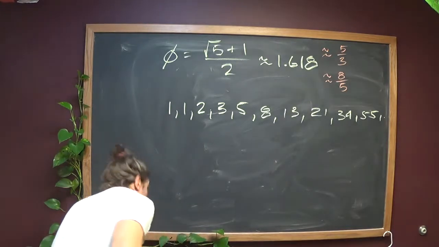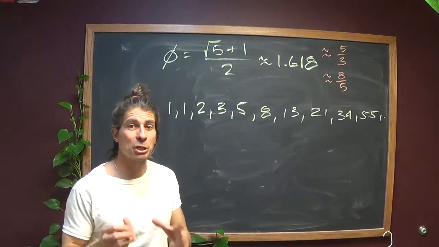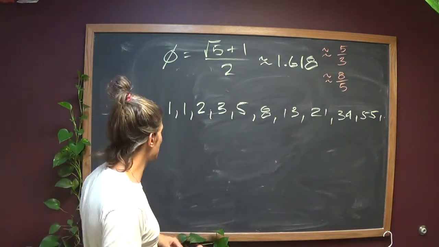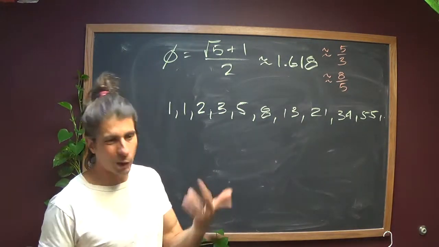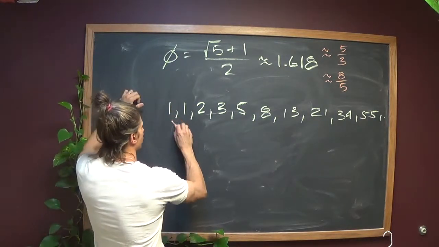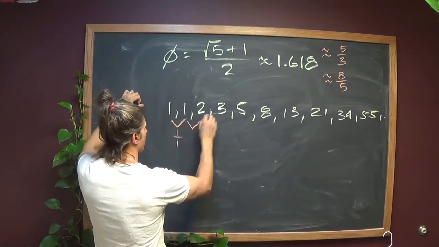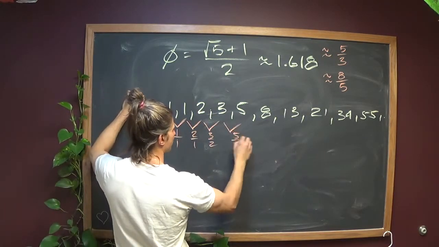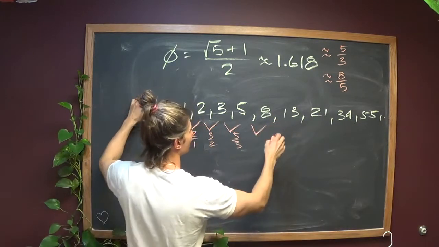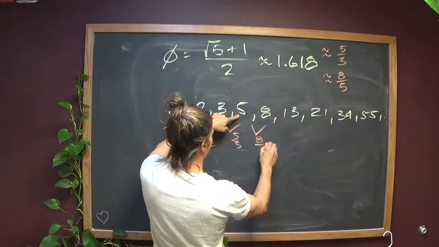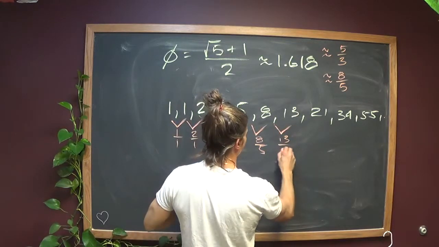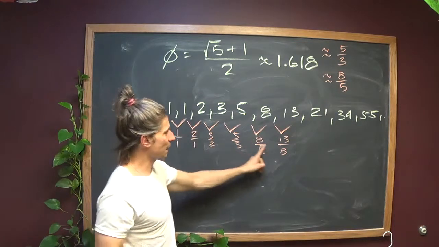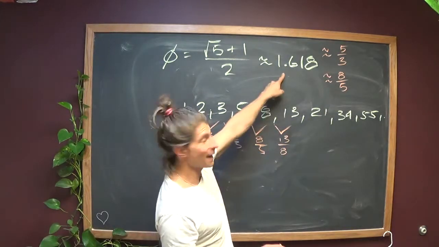The question is, what is the relationship of Fibonacci with phi, with the golden section, or the golden ratio? There's only one real result from this. If you look at the ratio of successive terms, 1 to 1, 2 to 1, 3 to 2, 5 to 3, 8 to 5, 13 to 8, these numbers get closer and closer in value to that decimal.